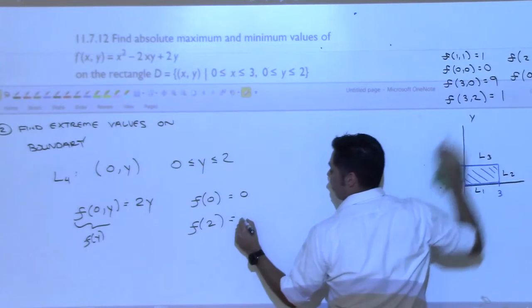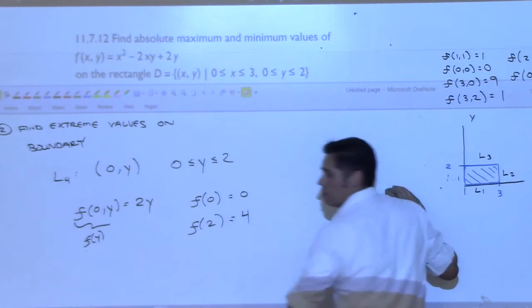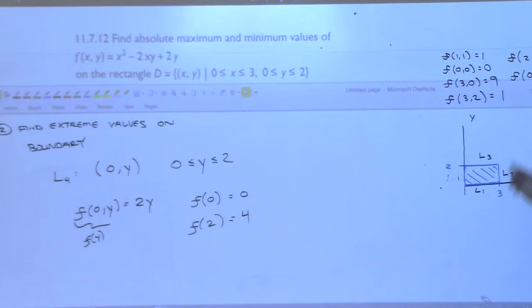We did 0, 2 also, so we know that that's 4. Wasn't it 2, 0? No, it was 0, 2, I believe. No, because we were right here. On L3, we wound up at that point. So basically, we gain nothing in this L4 step, do we? We wind up just looking at these 2 points, which we've already looked at on L1 and L3.